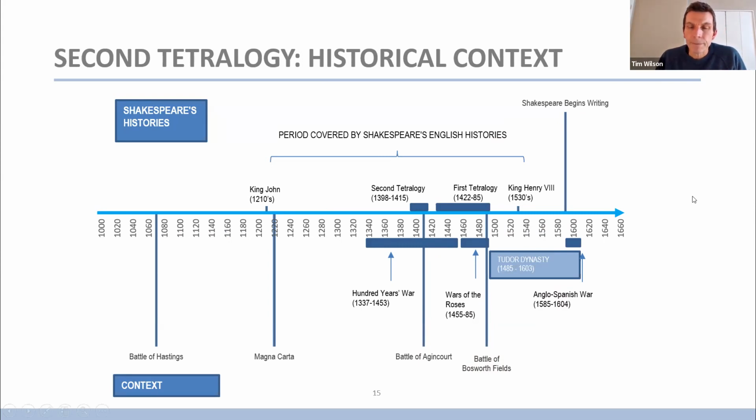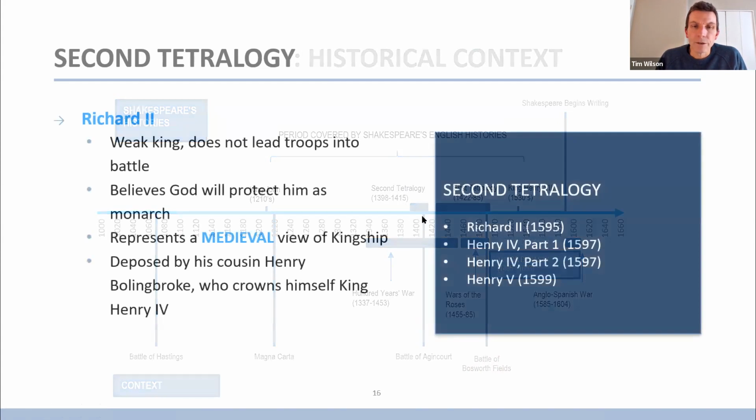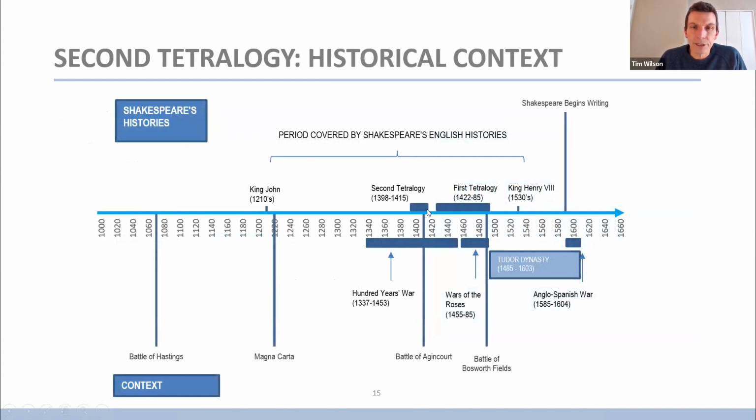if you didn't watch that lecture, we are dealing with the second tetralogy, the second set of four plays of English history that Shakespeare wrote. It deals with the period in time from 1398 to 1415.